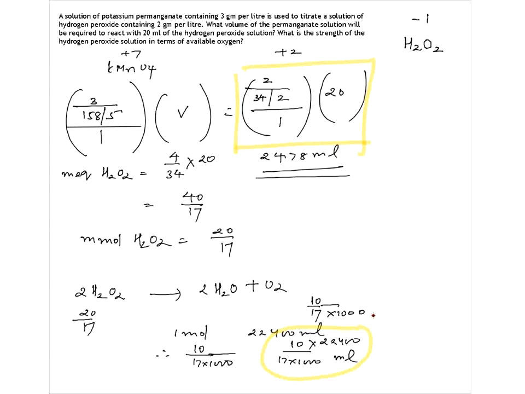Now at NTP, 1 mole has how much volume? 22,400 milliliters. So these many moles, 10 by 17 into that, will have how much volume? 22,400 into 10 by 17 into 1000. Just calculate that. How many ml is that? Oxygen. 3 zeros will cancel.